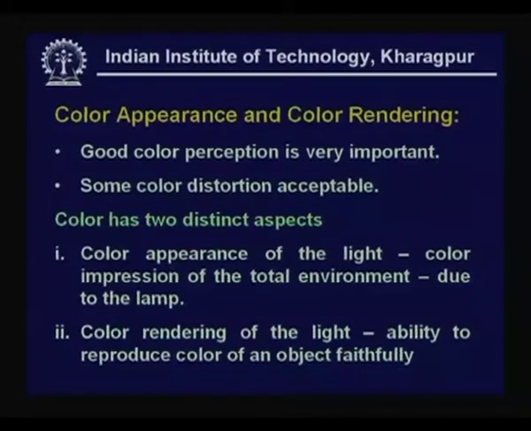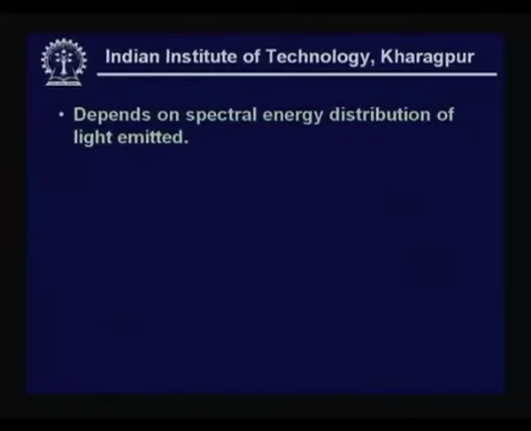The other is color rendering, the ability to faithfully reproduce the object color. In fact, this is one way of assessing the radiation from a lamp source. We have already seen the color rendering index, or CRI.